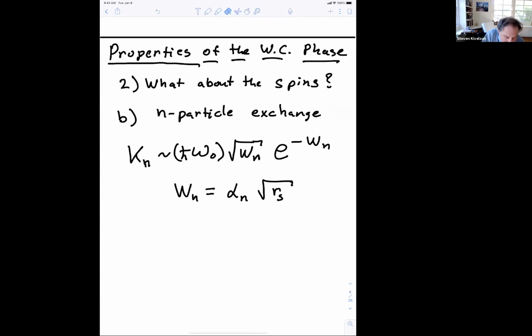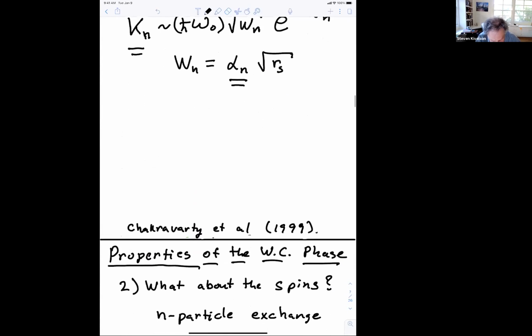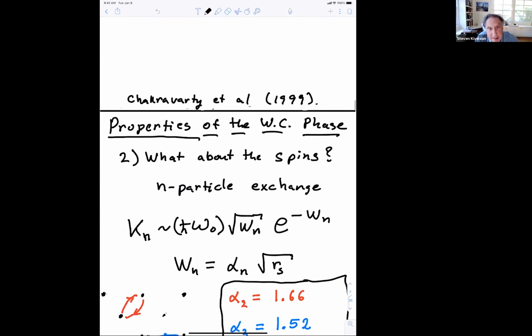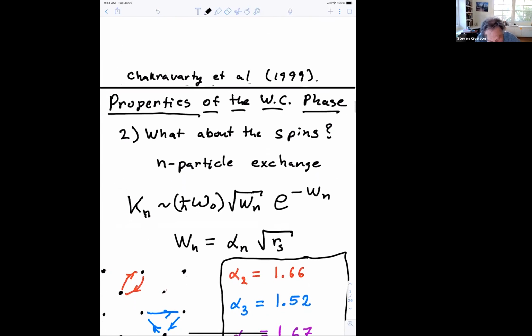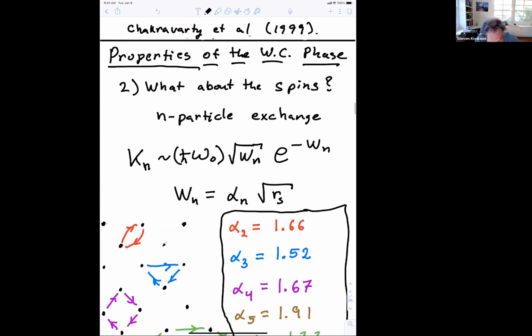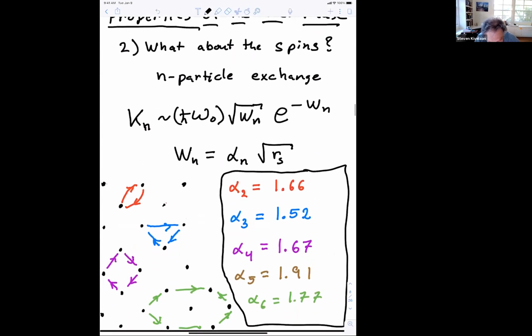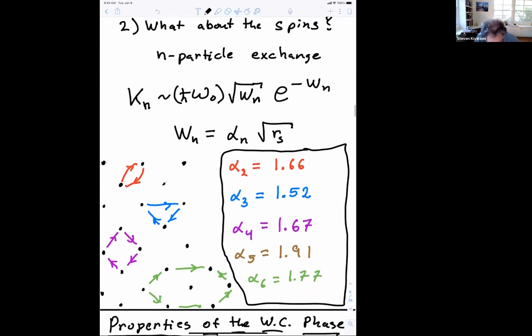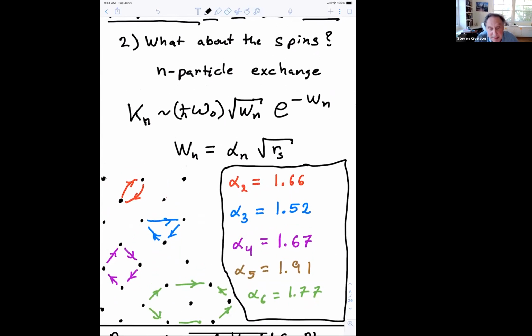Here, K sub n is going to represent a process in which I interchange n electrons, and then our hope is to calculate these dimensionless numbers alpha n. And this is something that I did in collaboration with Sudip Chakravarty and friends some time ago. And so let me just give you a sketch of this.